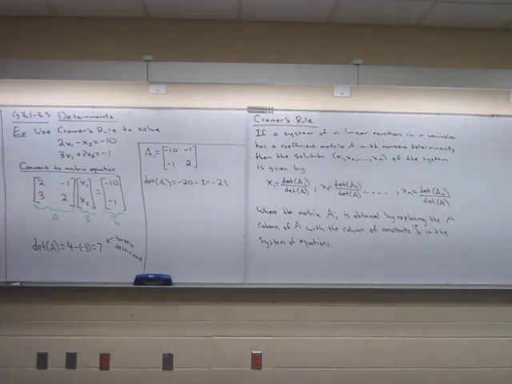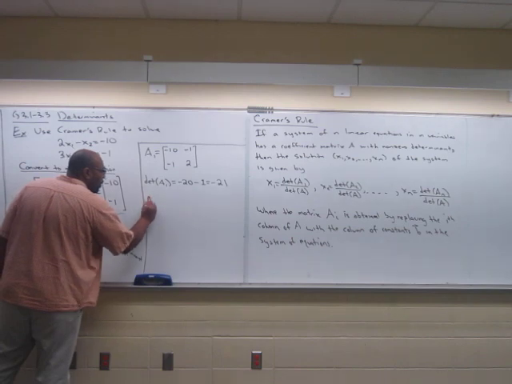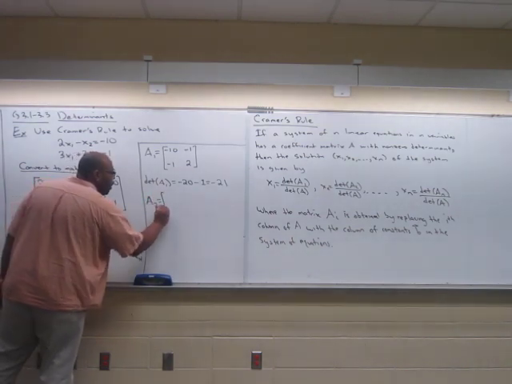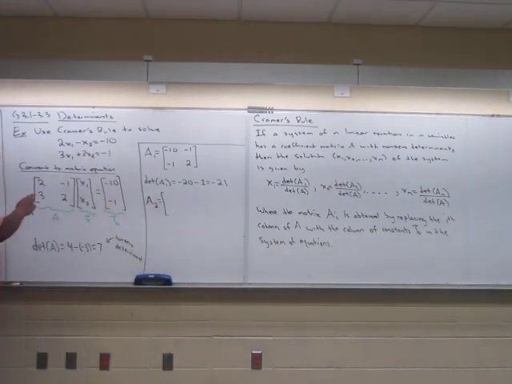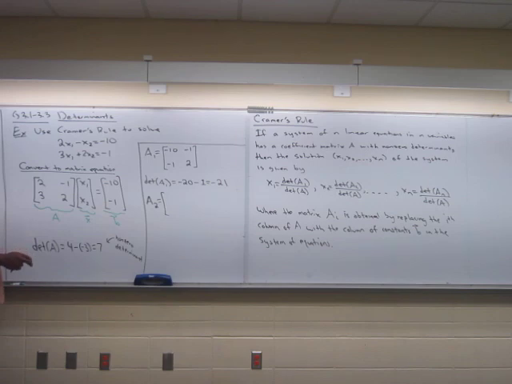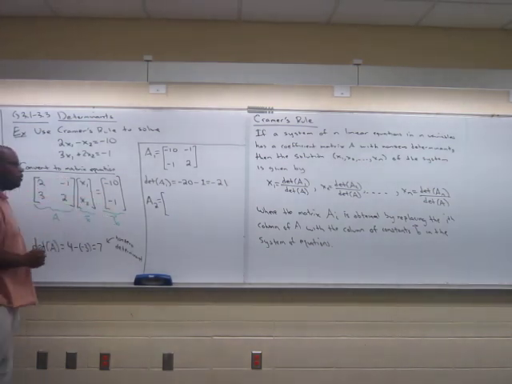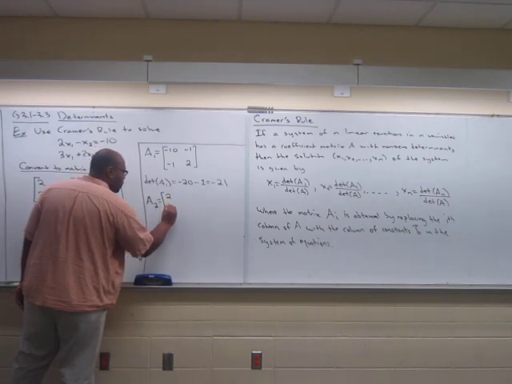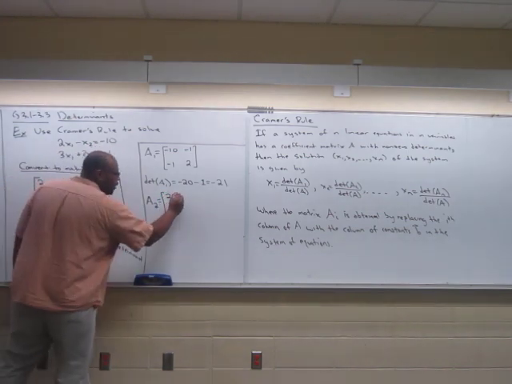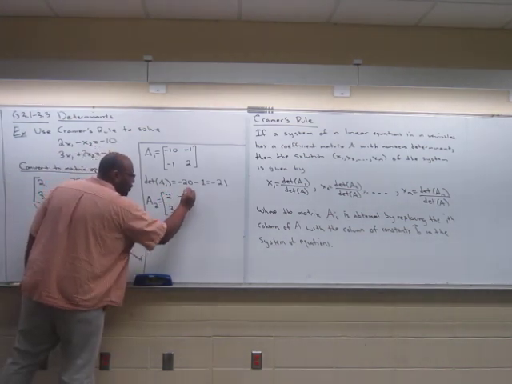Now let's find A2 and then its determinant. Again, it's going to be built off of A, but instead of replacing the first column, we replace the second column of A with B in this case. So we get 2, 3, -10, -1.